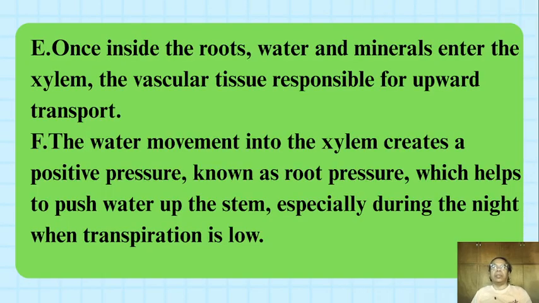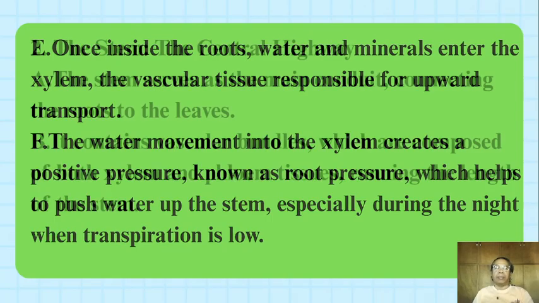Once inside the roots, water and minerals enter the xylem, the vascular tissue responsible for upward transport. The water movement into the xylem creates a positive pressure known as root pressure, which helps to push water up the stem, especially during the night when transpiration is low.